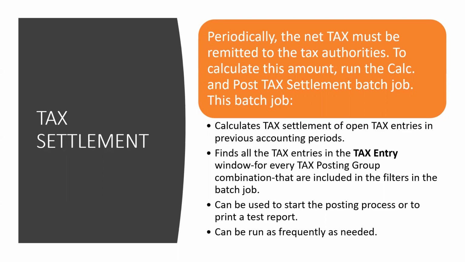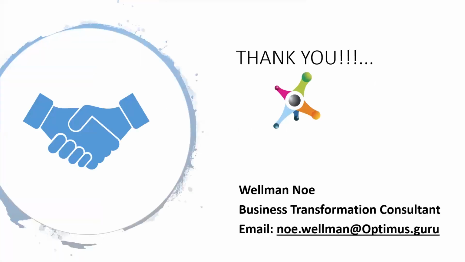It calculates the tax settlement of open tax entries in the previous accounting periods up to the last date you calculate this. Then it finds all the tax entries in the tax entry window that we have shown for every tax posting group combination that is included in the filters. This can be used to start posting processes or to print a test report. And you can use it as frequently as you want.